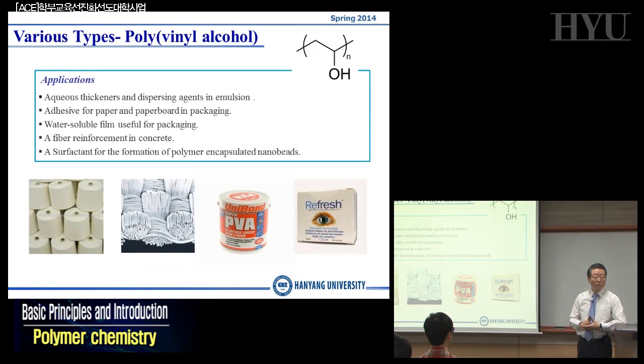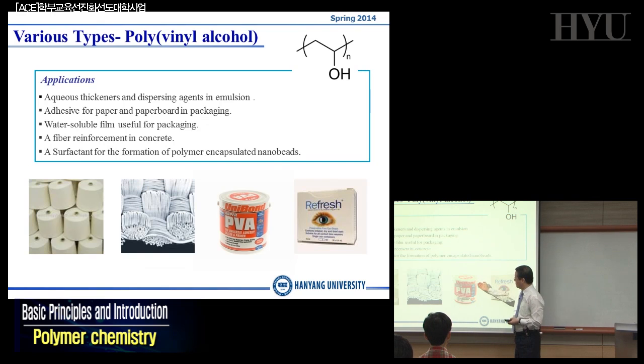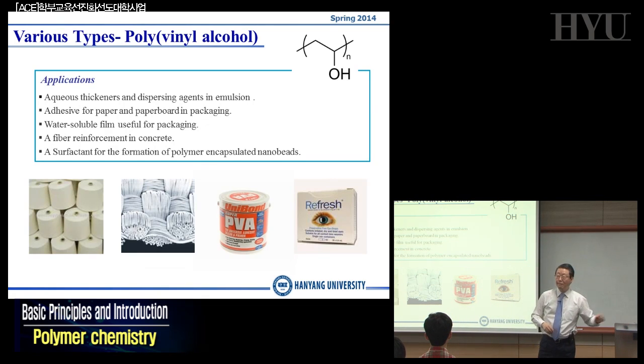Anyway, this polyvinyl alcohol can be used to make this glue. Well, there's a fiber here, and polyvinyl alcohol is widely used. What you call in Korean is 풀 매긴다는 거 있죠.